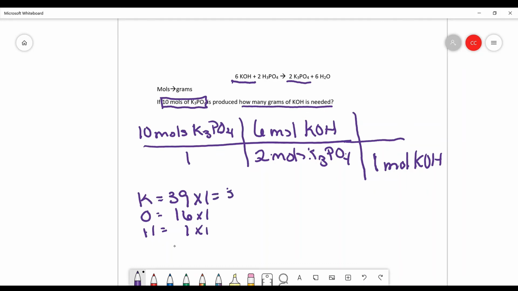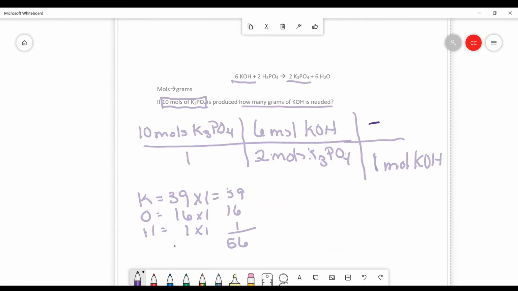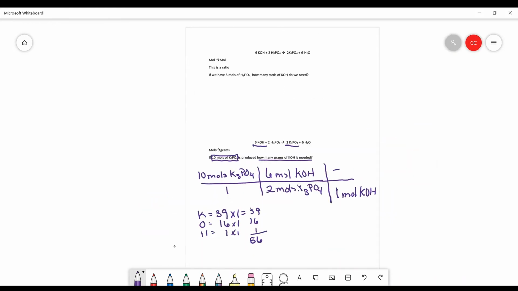So 39 plus 16 plus 1 is 56. So we have 56 grams of KOH. When we multiply across and divide down, 10 times 6 divided by 2 times 56, it comes out to 1,680 grams.